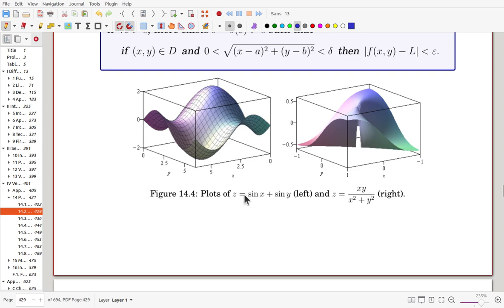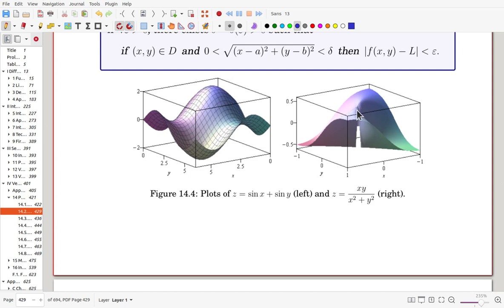Okay, the left figure is for any choice of a point. Here it has a limit. In fact, it is continuous. And on the right side there is a figure of another function. At the origin, it is not defined. Also, when approaching through this line, the value is minus half. If (x, y) is approaching from that direction, then the function value is approaching half.